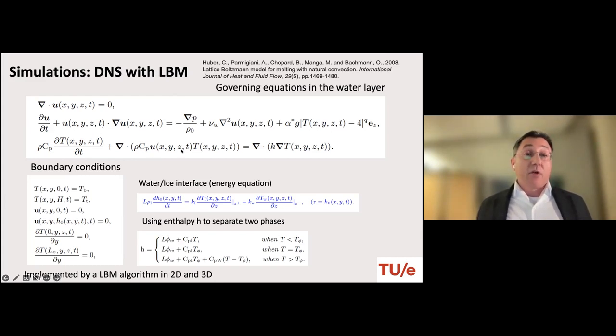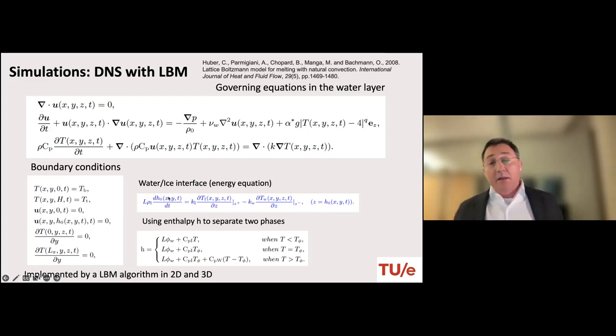And then here you see the equation for the temperature inside both the fluid as well as the ice phase. These equations are solved both in the fluid and in the ice. And then you have an energy equation at the interface between the fluids, but it is basically integrating an enthalpy function.